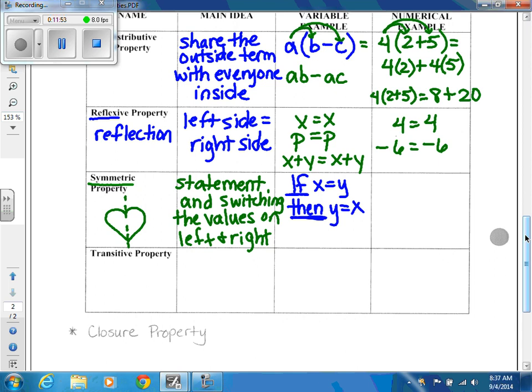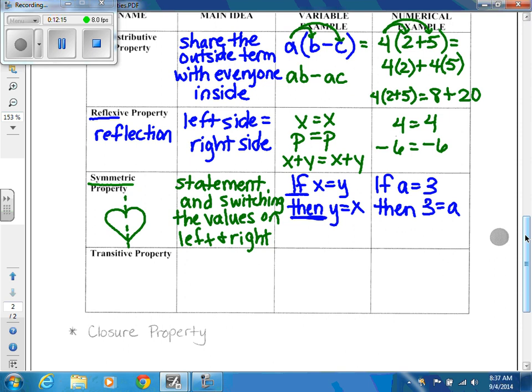Those two words must be there for it to be a symmetric property. And then notice that the only thing that happened was that the x and the y switched places with the equal sign. So for numbers, if a equals 3, then 3 also equals a. It's just taking the statement and reversing it around and putting the words if and then in the statement.